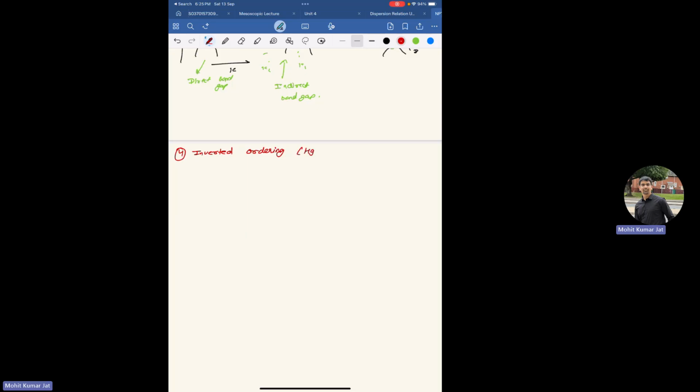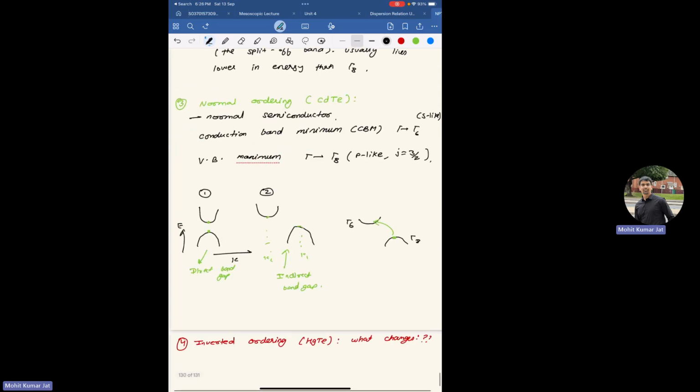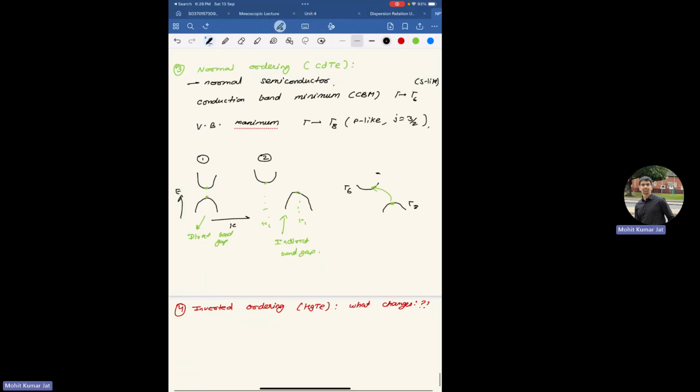What changed? In mercury telluride, gamma 8 lies above gamma 6 at gamma, so gamma 8 becomes the state at higher energy and gamma 6 lies lower. If you see here, gamma 6 is on top and gamma 8 at the bottom.